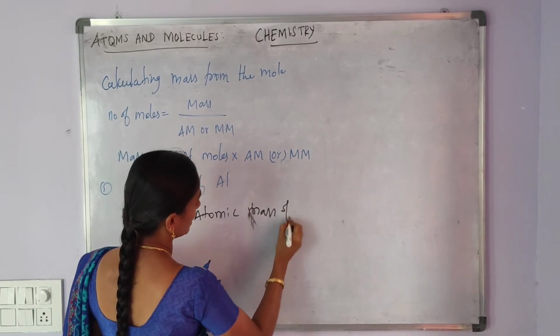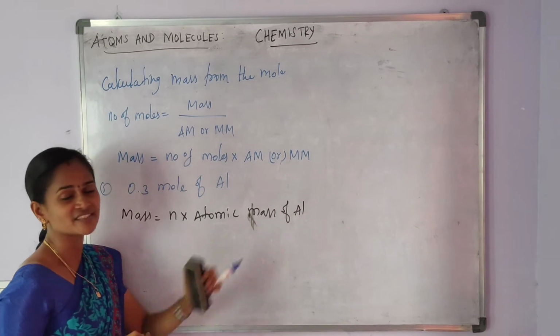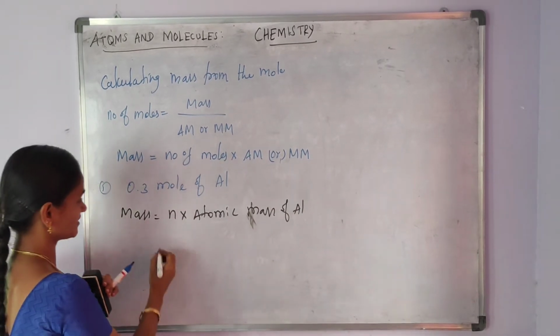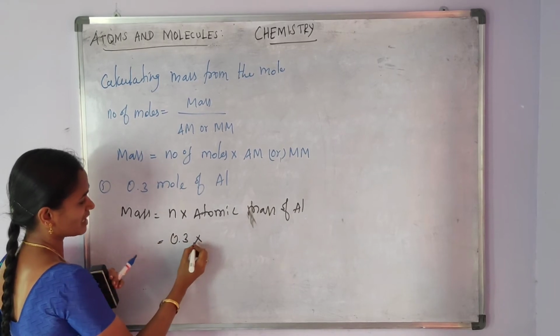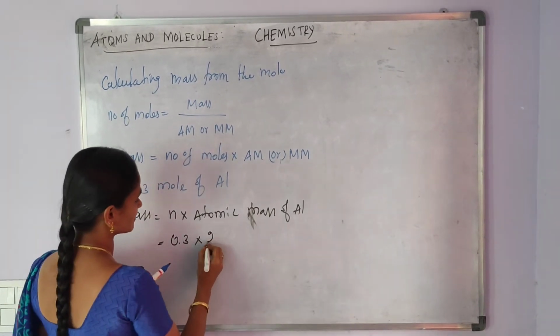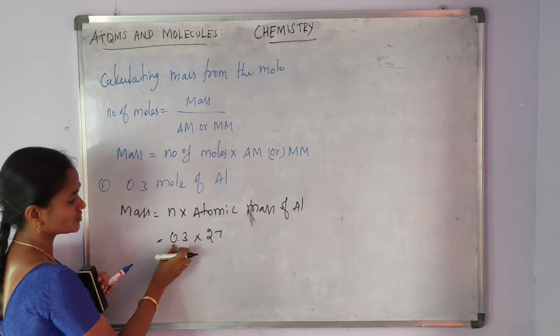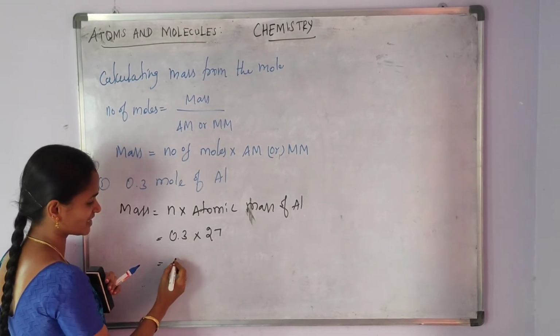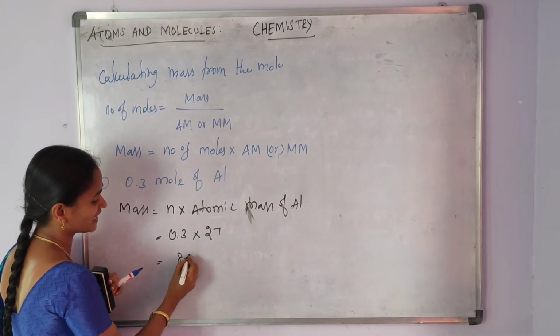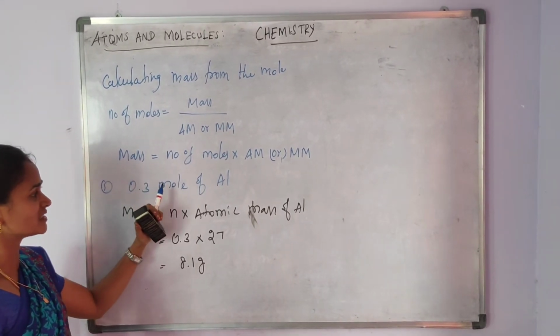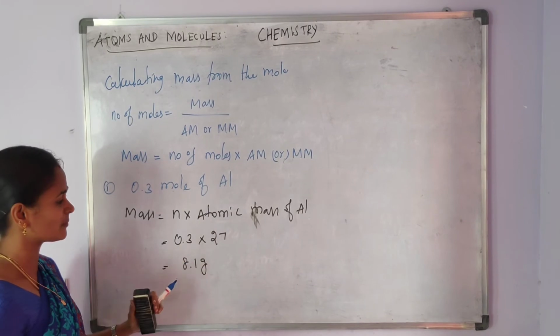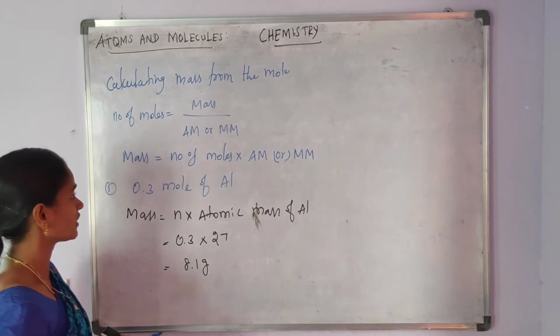Aluminium, its atomic mass is 27. Number of moles is 0.3. So 0.3 into 27 multiplying, we get the answer is 8.1 gram. So aluminium, its mass is 8.1 gram.